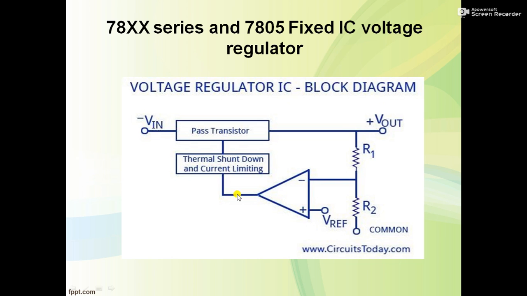So this op-amp compares the difference between the feedback voltage and the reference voltage, and it generates one voltage output signal, and with the help of that output signal we drive this pass transistor.